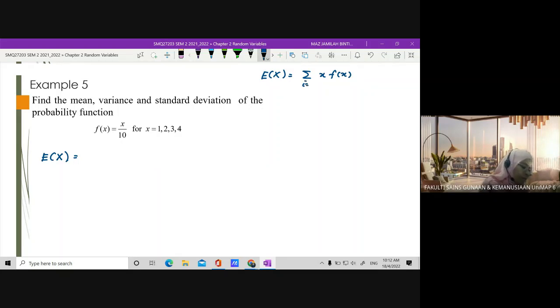So here we have from 1 until 4. So we have x multiplied with f(x). Our x is 1 multiplied with x over 10. X for 1 is 1 over 10 plus 2 over 10 plus 3 over 10 plus 4 over 10. So what is the value here, class?